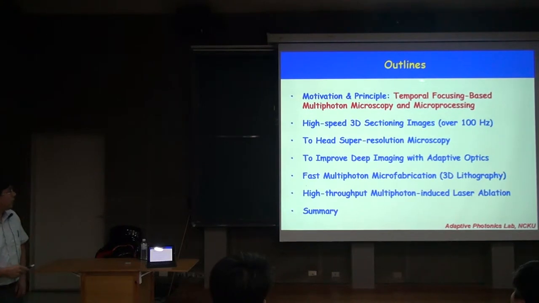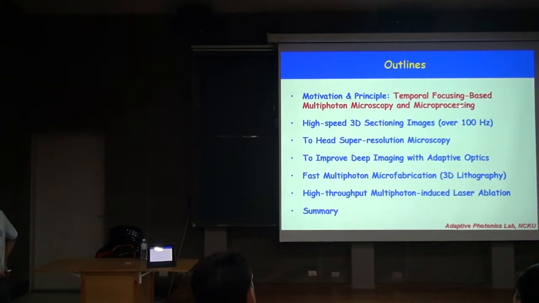First of all, I will introduce the conventional femtosecond laser system. Then I will show you how we use temporal focusing based multiphoton microscopy not just for imaging, but also for microprocessing.